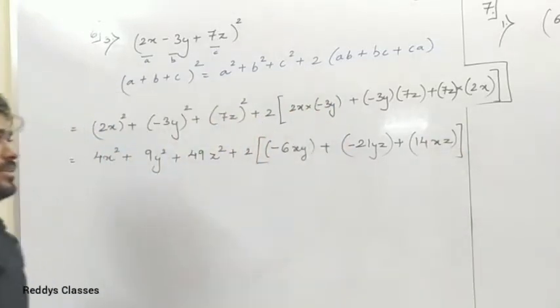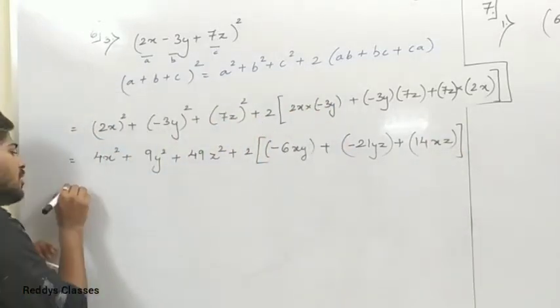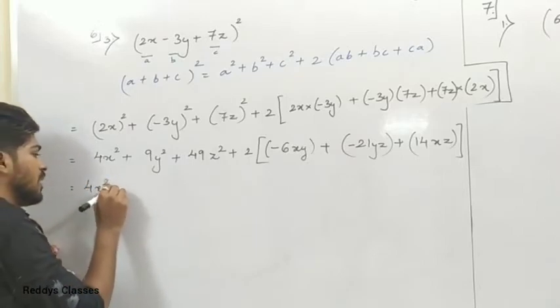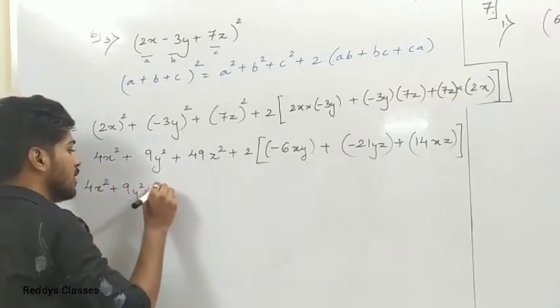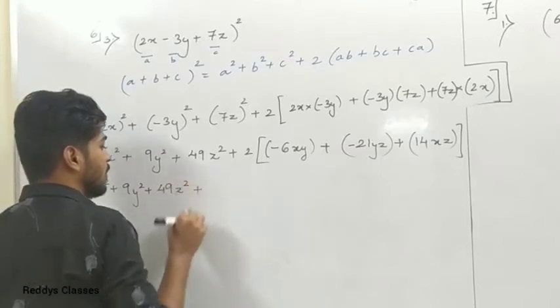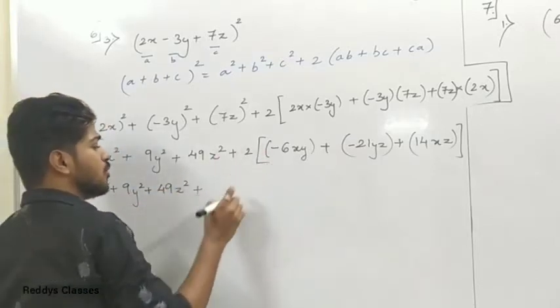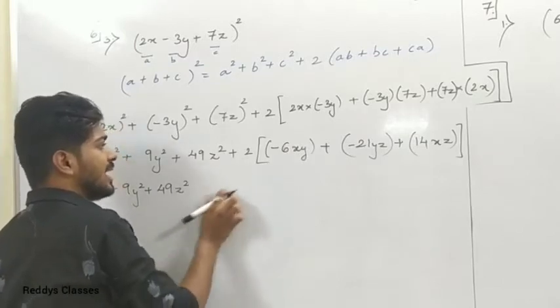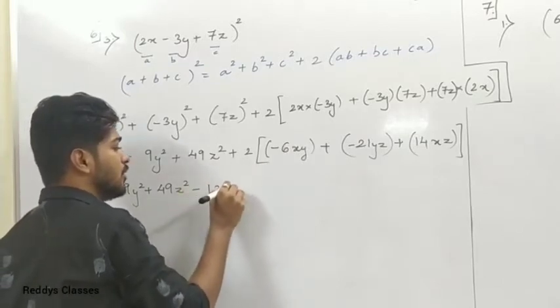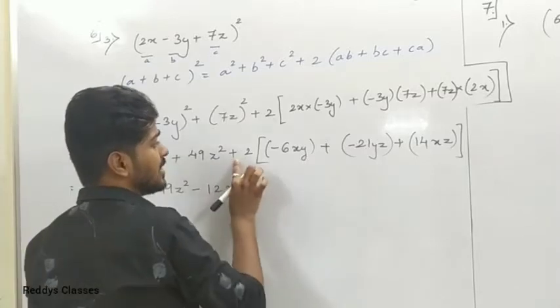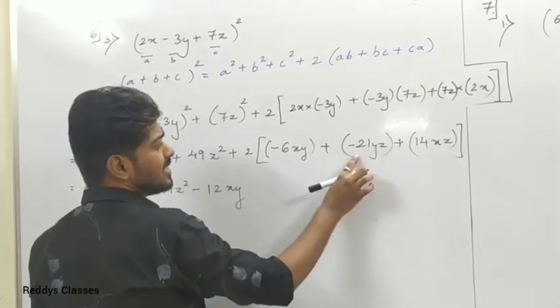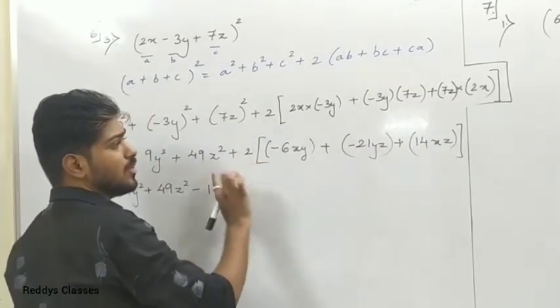Here we close the bracket, simple multiplication rules. See here now, what is the value? 4x square plus 9y square plus 49z square plus, let us solve this now, minus 6 into 2, directly I can write minus 12xy.